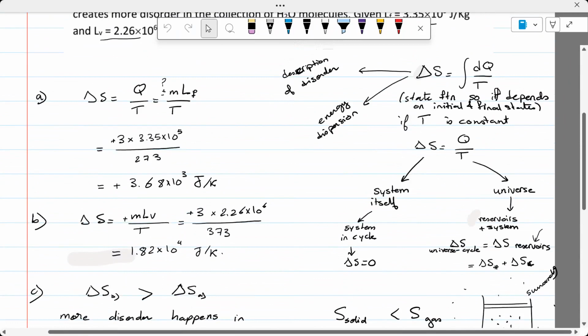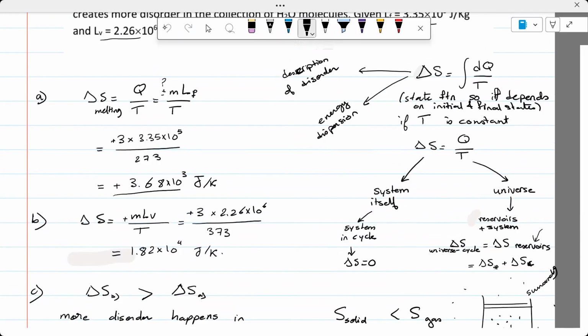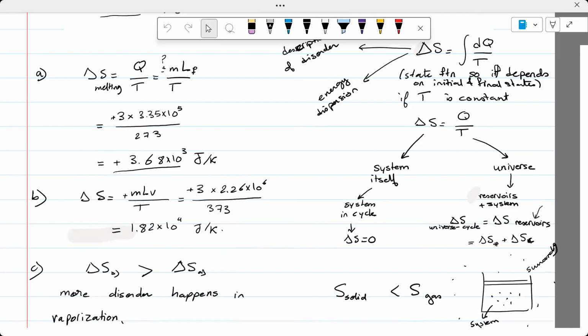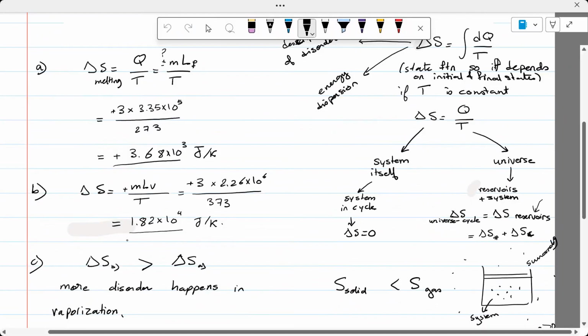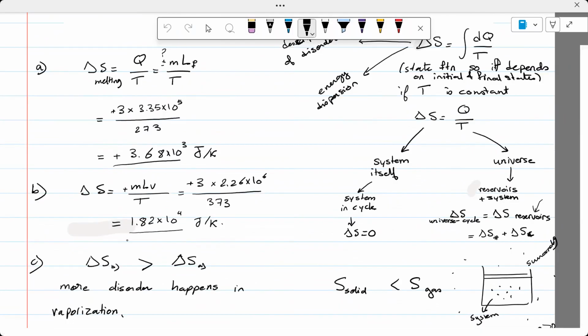When we were melting, delta S was of order of magnitude of 10 to the power 3. You can see that in the answer here. Whereas in part B, delta S was an order of magnitude of 10 to the power 4. So the randomness is 10 times more than in melting. Vaporization makes more disorder than melting. Any questions?